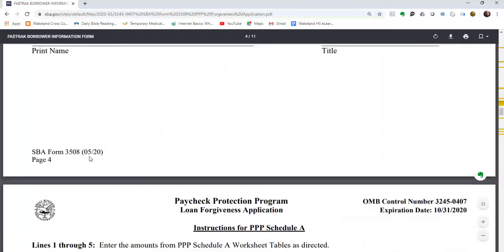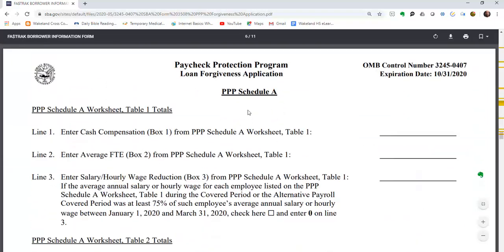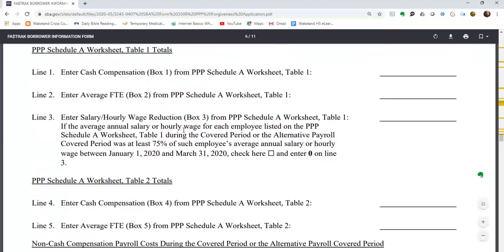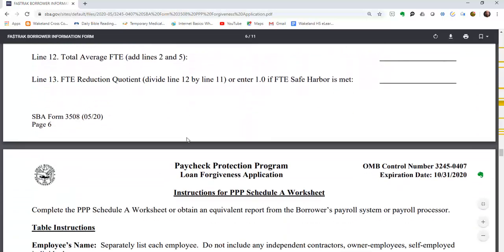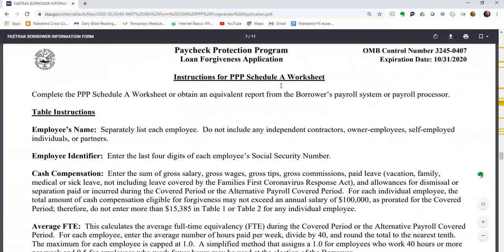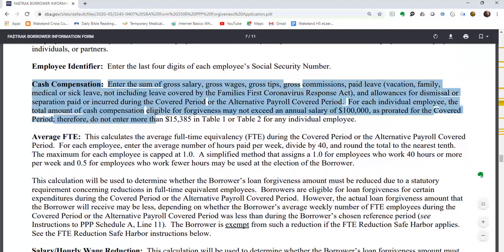You can go through each of them and sign off, and this is the instruction to Schedule A, and then this is Schedule A itself, which we did see in our worksheet. And then of course we have the Schedule A worksheet instruction here. This is what I was talking about, cash compensation.